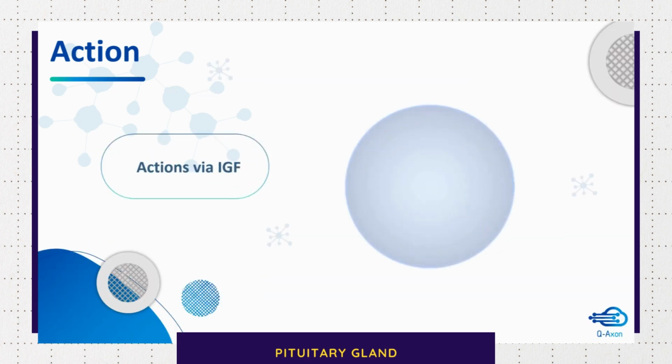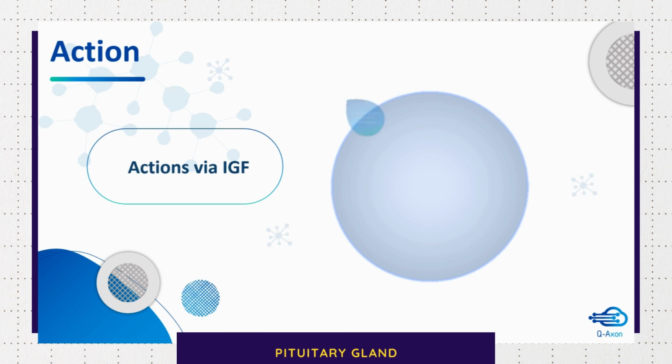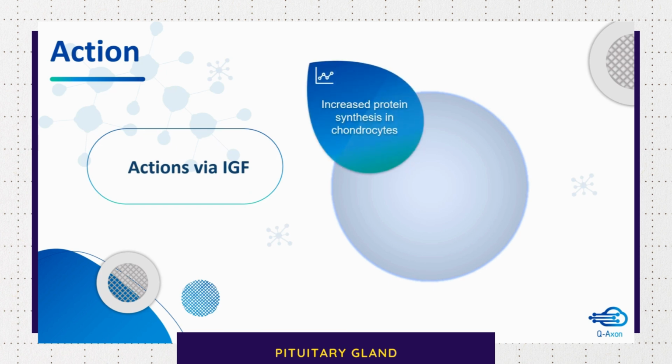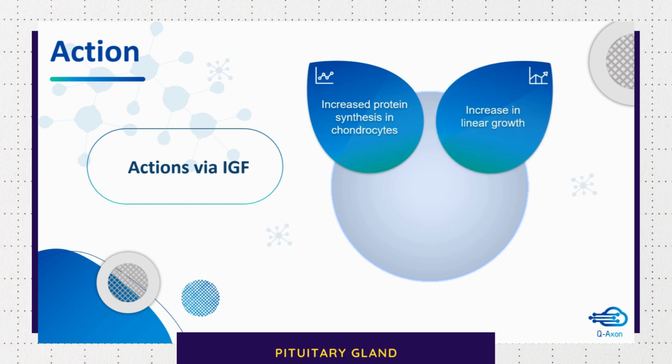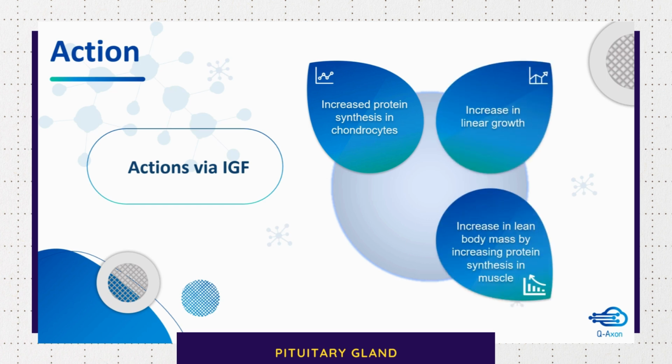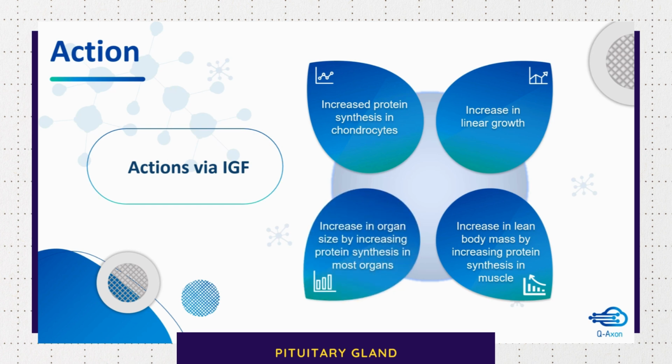Actions of growth hormone via somatomedin are increased protein synthesis in chondrocytes, increase in linear growth, increase in lean body mass by increasing protein synthesis in muscle, and increase in organ size by increasing protein synthesis in most of the organs.